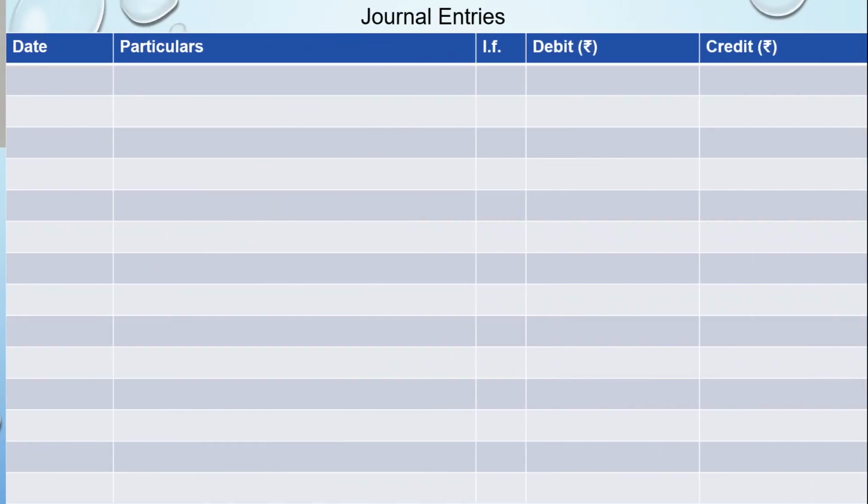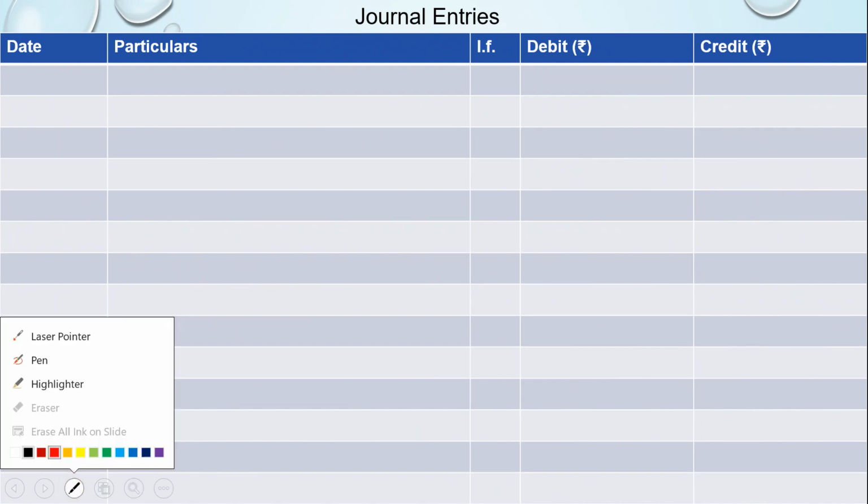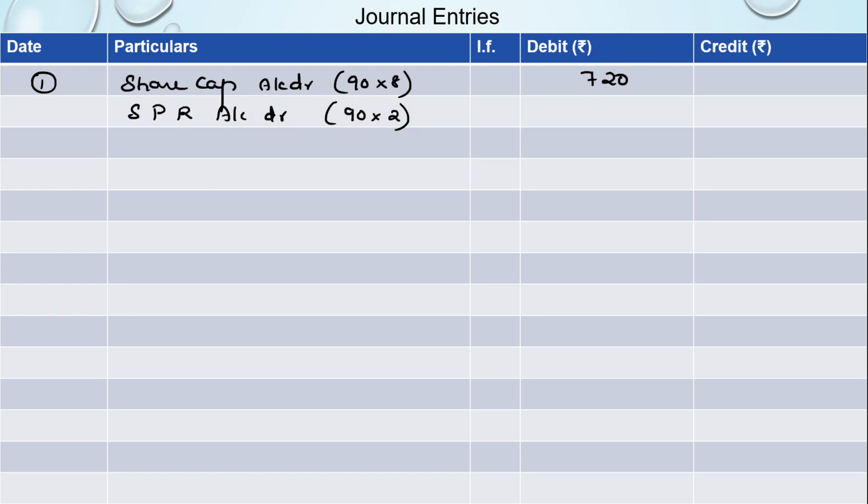We'll start the entry. The first entry that we have is of the share capital. Forfeited share capital account debit. How many shares forfeited? 90. What is the called up value? 8 rupees called up. So 720. Securities premium reserve has to be reversed because that was not received. The failure was in the allotment stage.